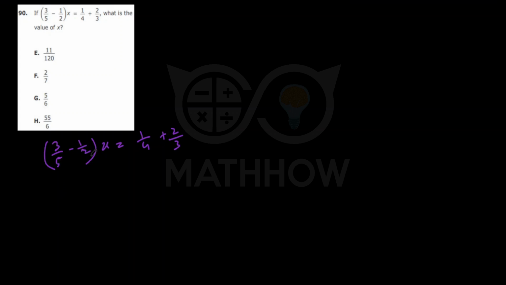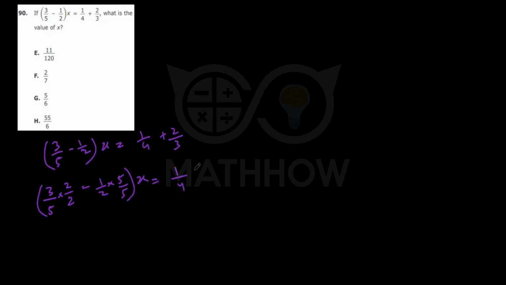The LCM of these two denominators is 10, or you can also multiply and divide with 2 minus 1 over 2, and you can multiply and divide with 5 over 5 to make the denominators equal.